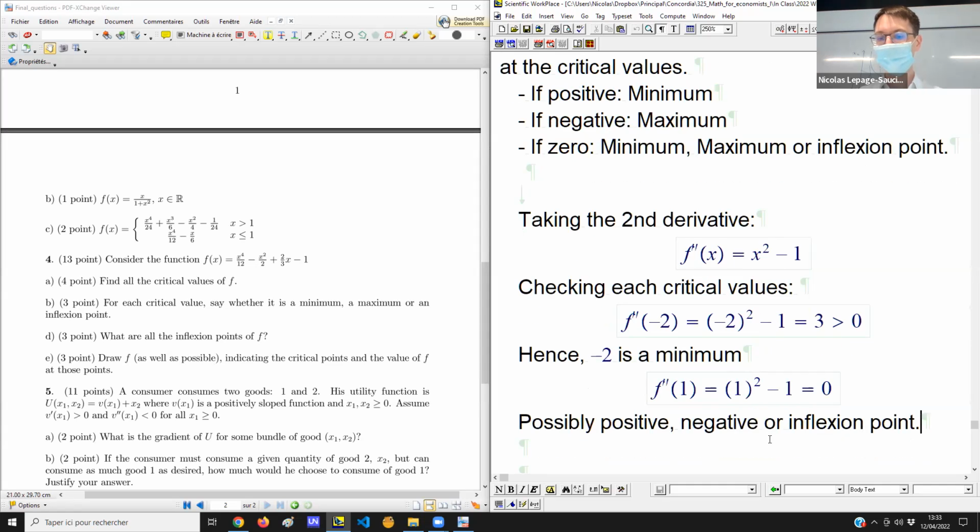And as it's going to turn out, it's an inflection point, but yeah. All right, so that was B.